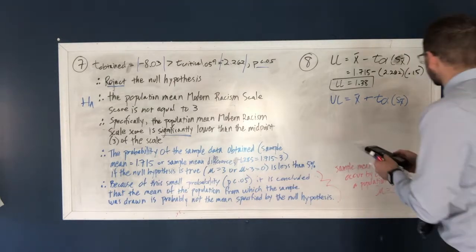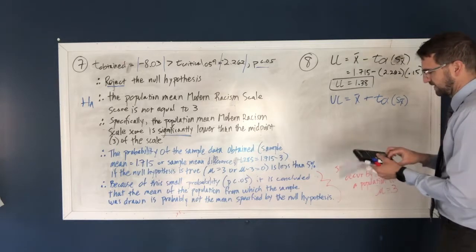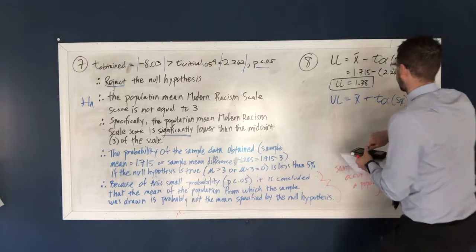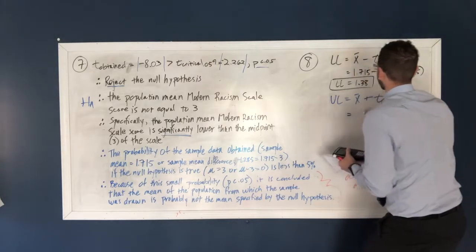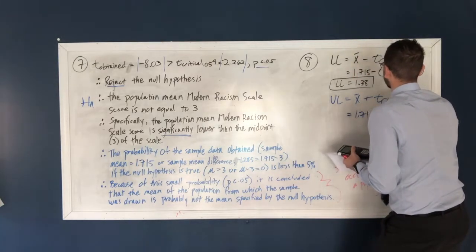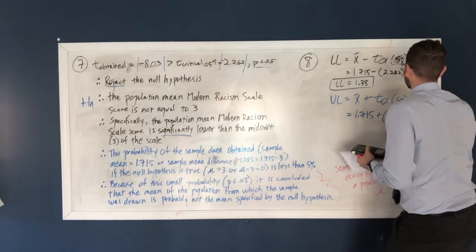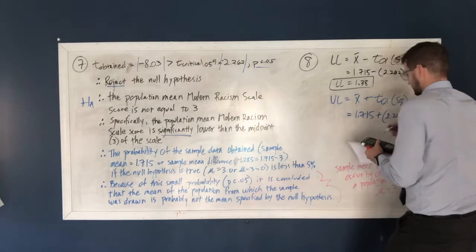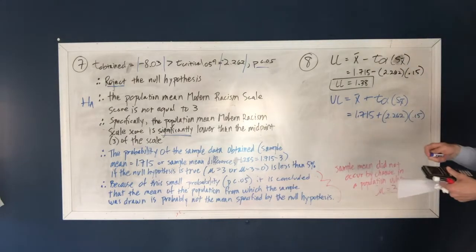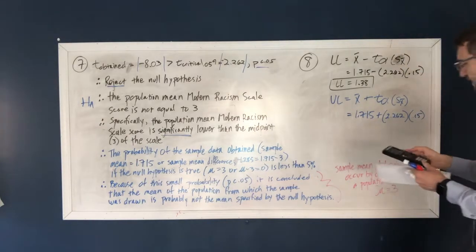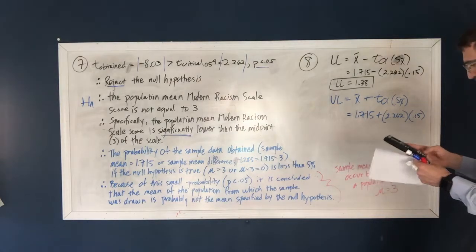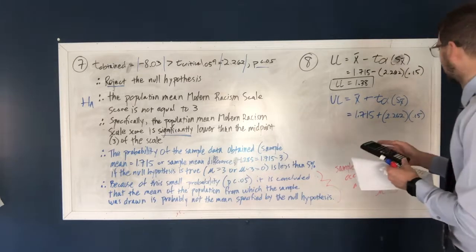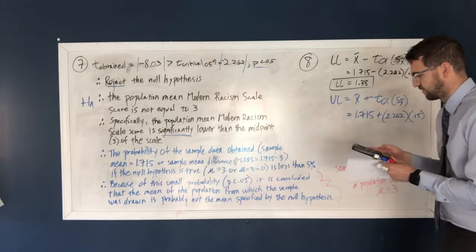Now let's do our upper limit. So it's going to be the same except for that minus. 1.715 plus 2.262 multiplied by 0.15. Again, this is going to be 0.34.